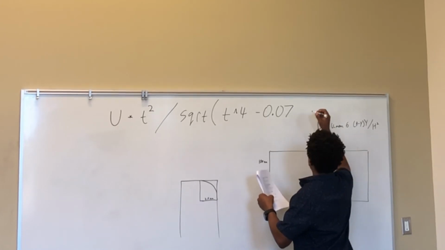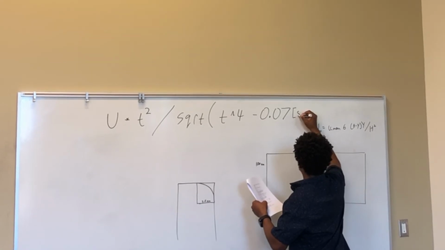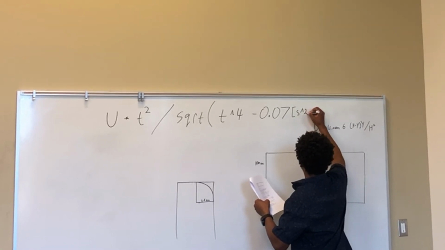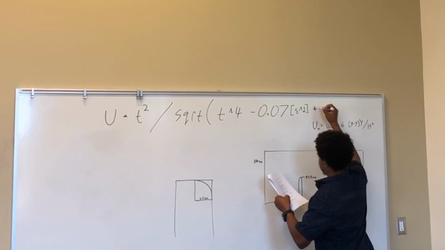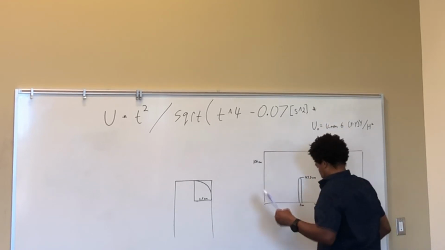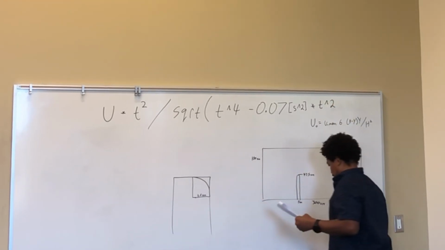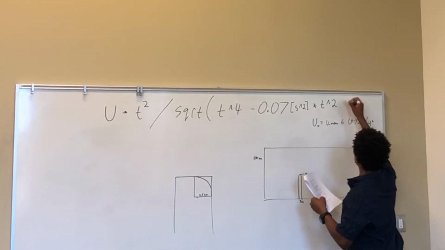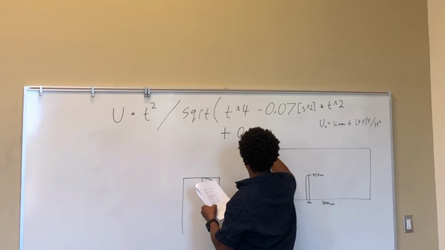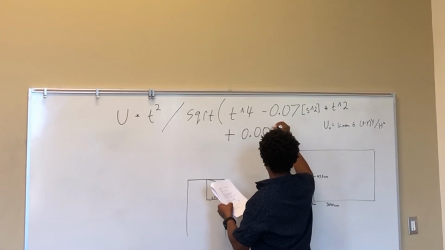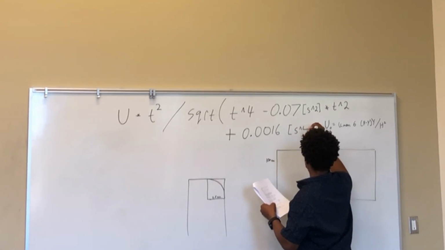Now for here, we have to do our units, okay? And the seconds hat squared. Oops. Yeah. Times t hat 2, okay? Not done yet. Plus, I'll continue right here, plus 0.0016, and then square bracket to the 4th power.